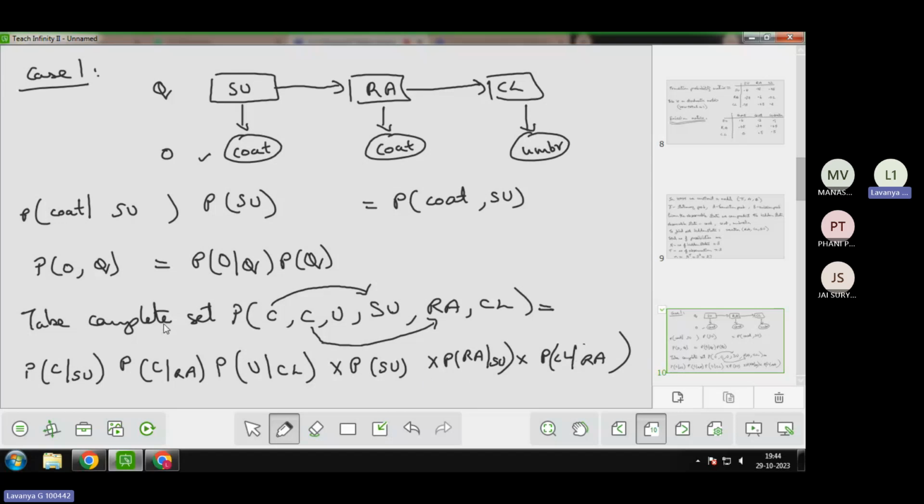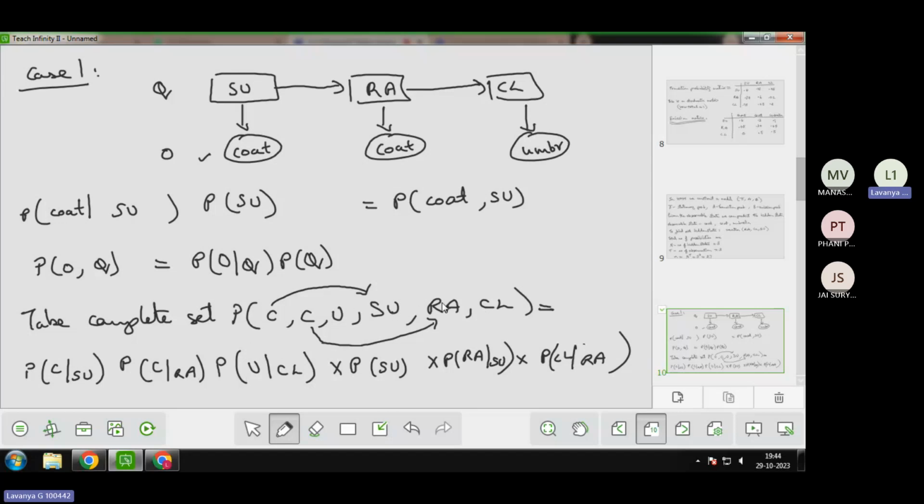I repeat the process. When we get the complete set, we start first. I see a person wearing a coat and entering my room. So, okay, he is wearing a coat and it is a sunny day. Next, I observe a coat and it is raining. So, probability it is a rainy day and he is wearing a coat.